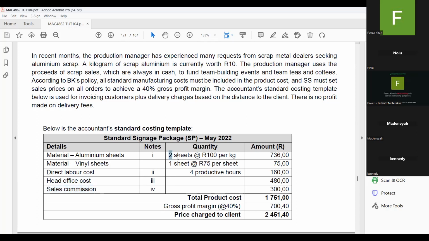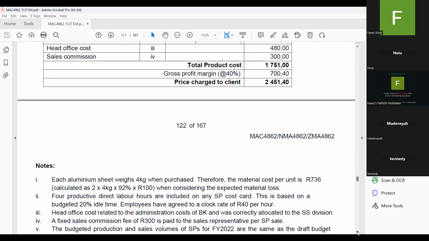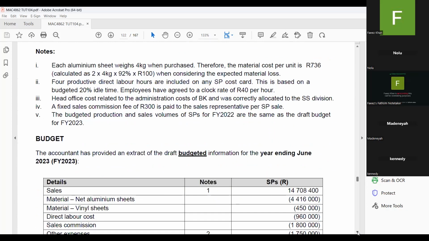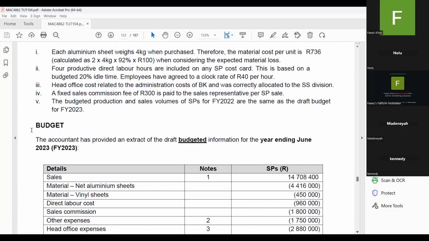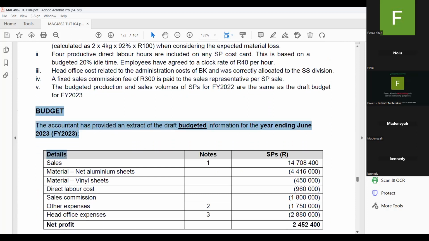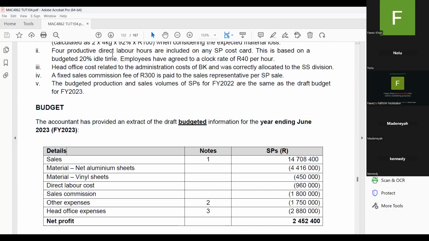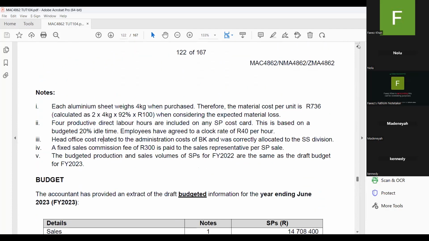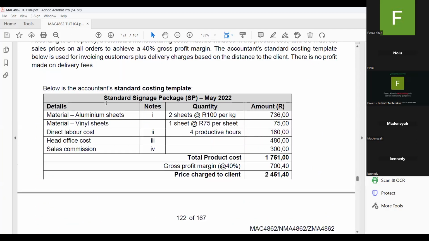The second was then to check how they calculated the amounts. Okay, so we went through that yesterday. So we only read that part, but then when we were going through the question, we realized this part also needed to be read with the first part. So what was important, this over here, if you have a look at the dates, here we can see the standard signage package for May 2022.